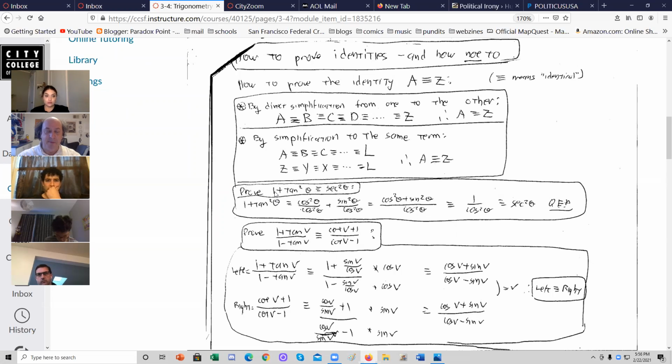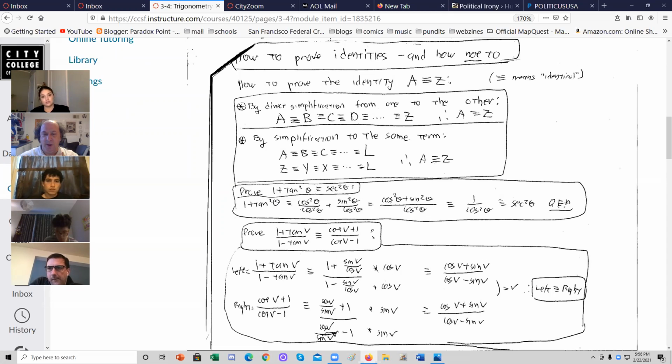So for example, prove one of the trig identities. 1 plus tan squared is identical to sec squared. Well, I start with the left side. 1 plus tan squared. 1 is cos squared over cos squared. Tan squared is sine squared over cos squared. Okay, we have adding two fractions with the same denominator. Put them over the common denominator.